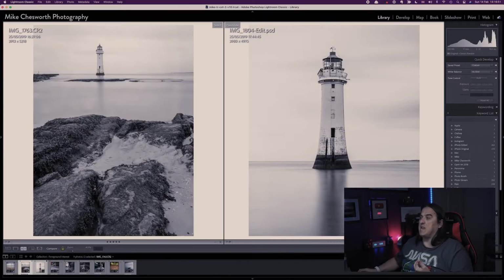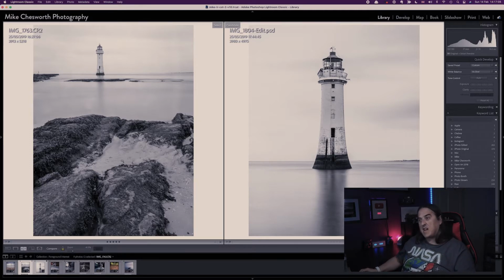So, for example, this image on the right is the lighthouse, just a simple lighthouse image on its own. It's a good image, but it's a little bit boring for my liking, so it doesn't provide much interest.